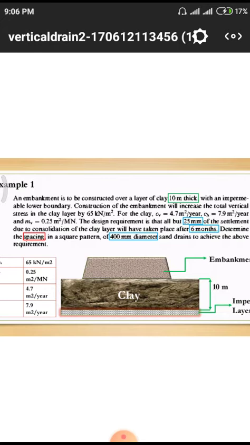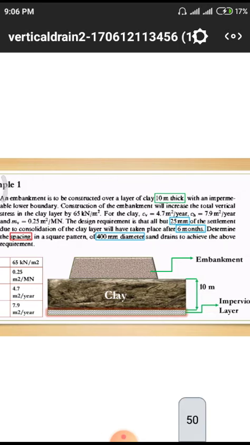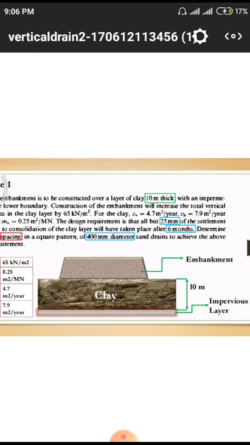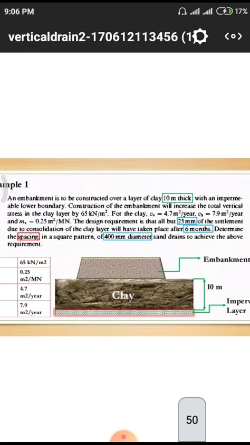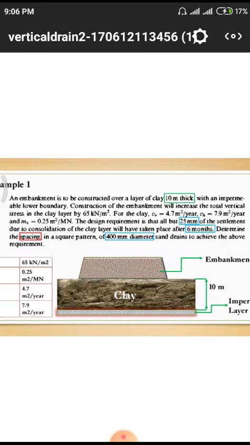It is impermeable above the boundary layer, so the embankment will increase the vertical stress in the clay layer by 65 kilonewton per meter square. That means on 1 meter by 1 meter there will be a stress of 65 kilonewtons. For clay, Cv is 4.7 meter square per year.